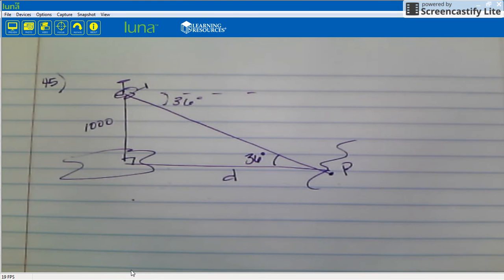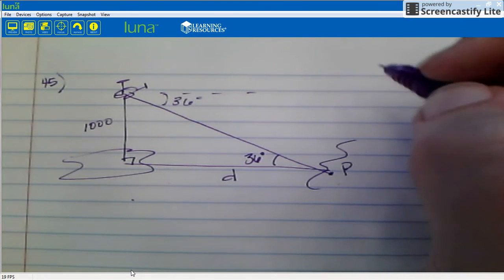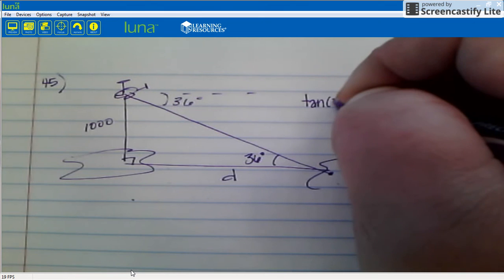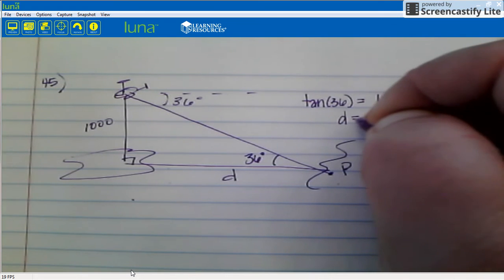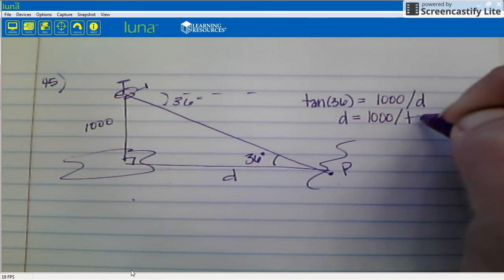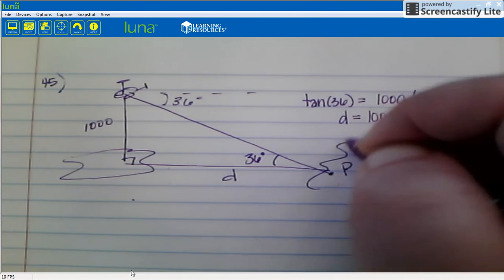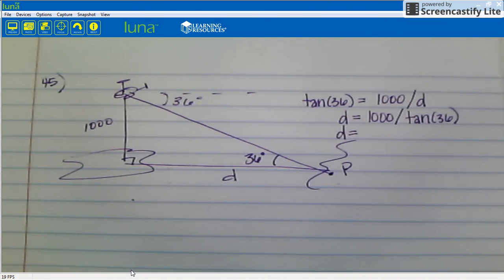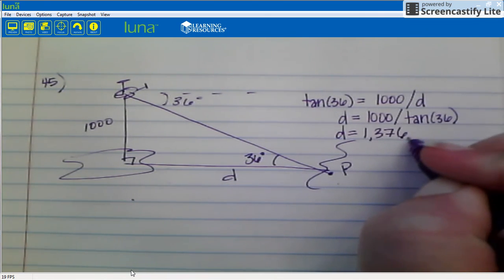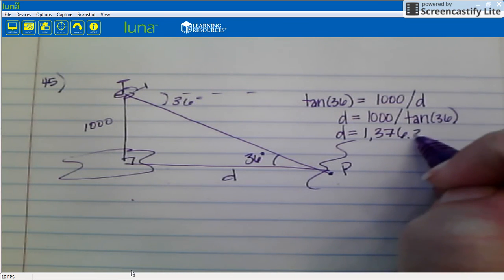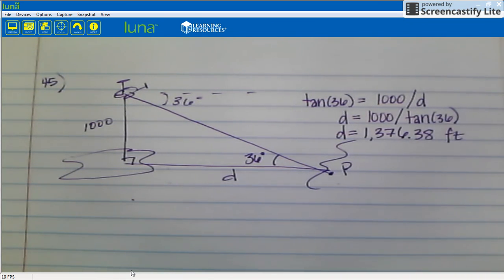So almost identical to the Statue of Liberty problem, we have the tangent of 36 is equal to 1,000 divided by D. So D is equal to 1,000 divided by the tangent of 36. And our island is approximately 1,376.38 feet away from the shore.